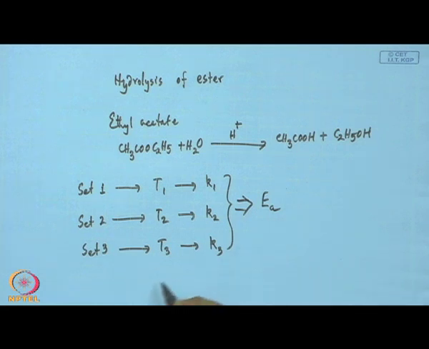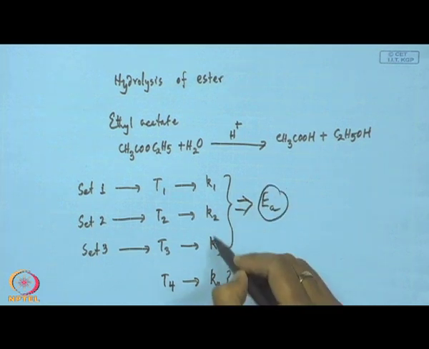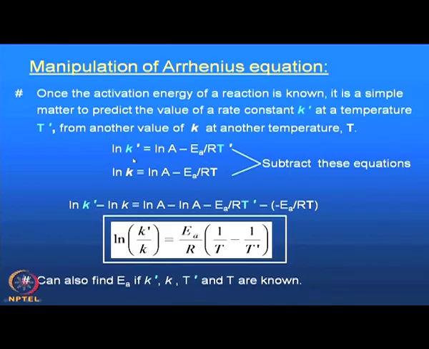Once EA is known, suppose I ask you a question: even if you do not do set 4, what can be the value of K at temperature T4? So, you can make use of this Arrhenius equation and manipulate it a little bit to find out K4. Since EA is known from these 3, you can find out K4. So, that means you have this expression: ln K primed, which is unknown to you, T primed is the corresponding temperature.